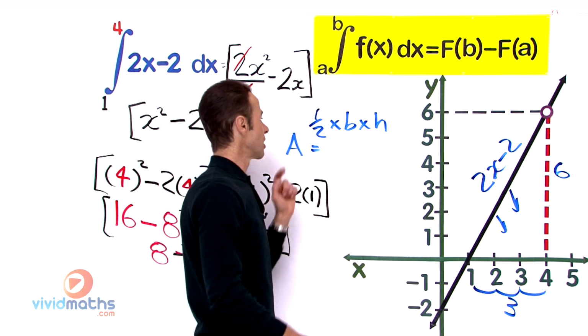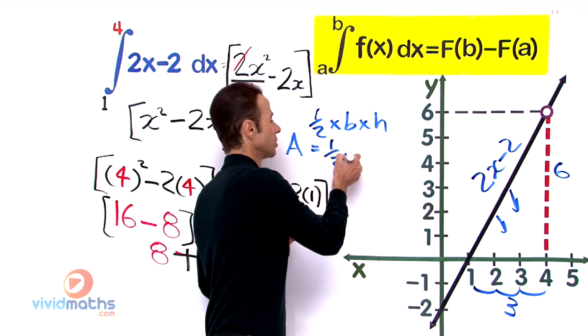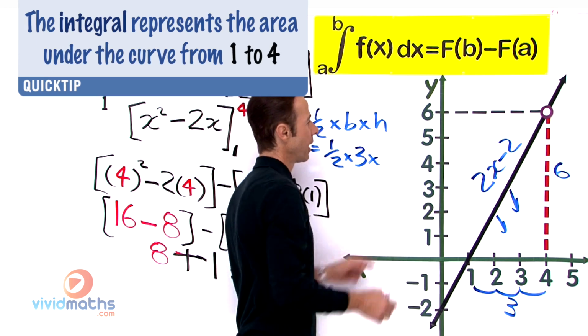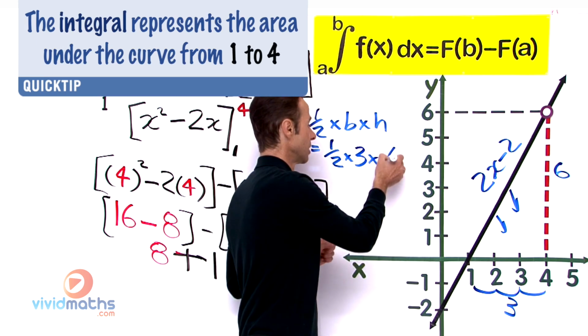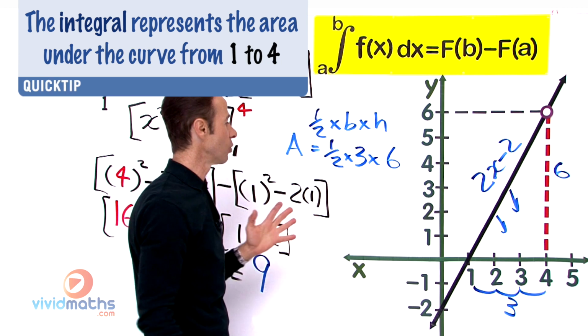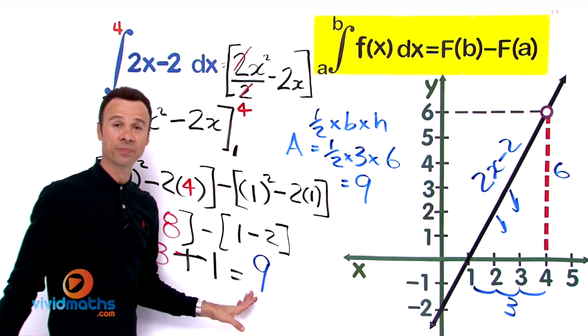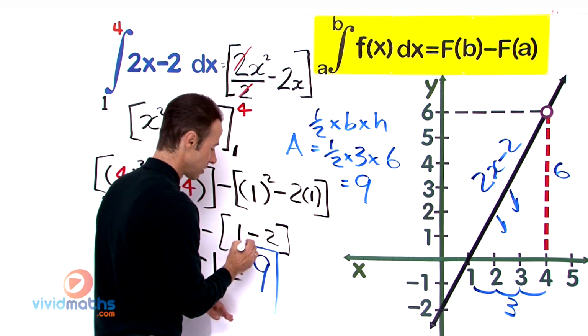So that's going to be 1/2 times the base of 3 and the height of 6. That's half of 18, which equals 9, the same as before. So this answer is correct.